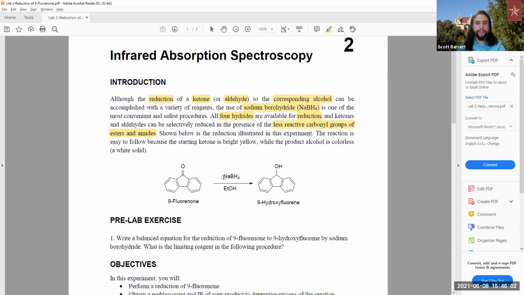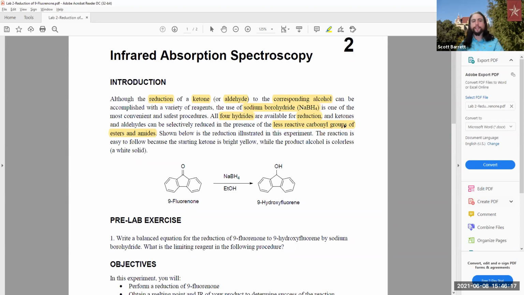Then what happens is that sodium borohydride in ethanol can go forward in order to reduce the ketone down to a hydroxyl group. And I can show you the mechanism after as well, since this is such a short description.